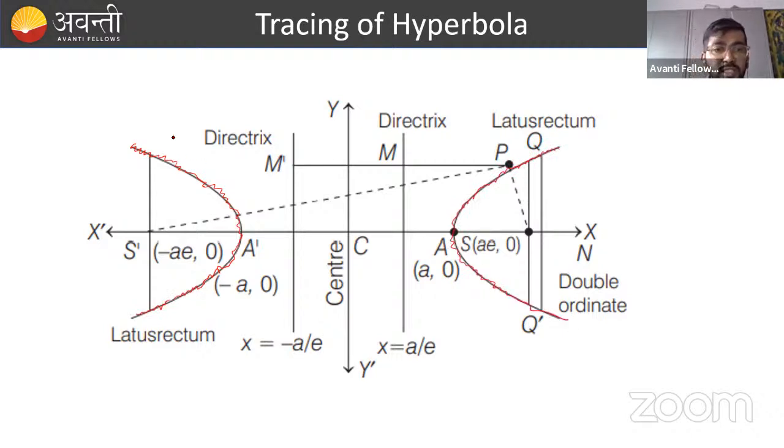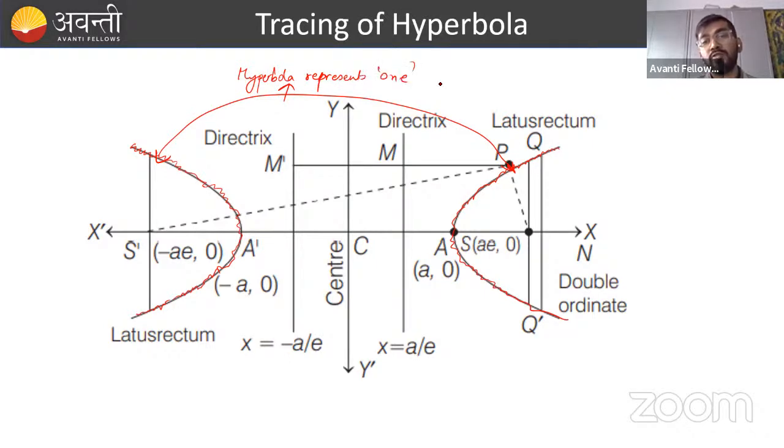You might figure that these are two hyperbolas, but this diagram or this hyperbola represents one equation, right? So we will be finding out what the equation of hyperbola looks like.